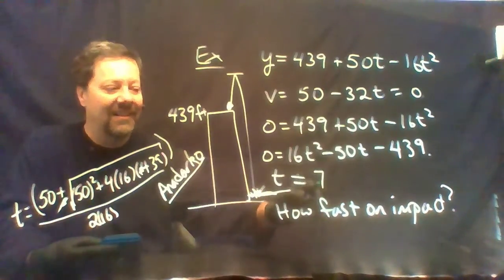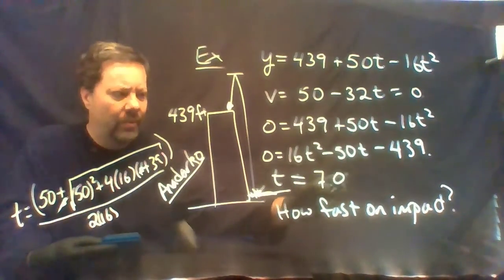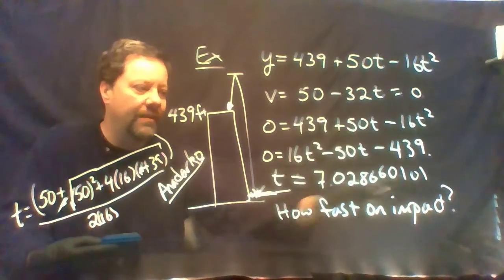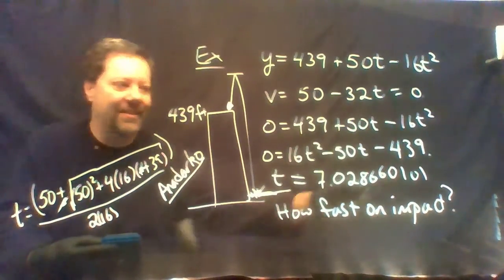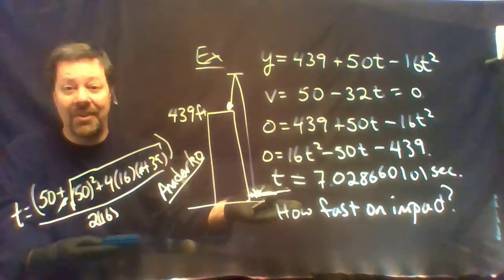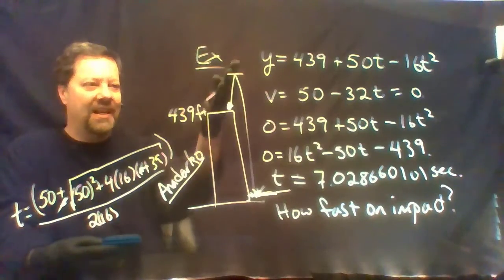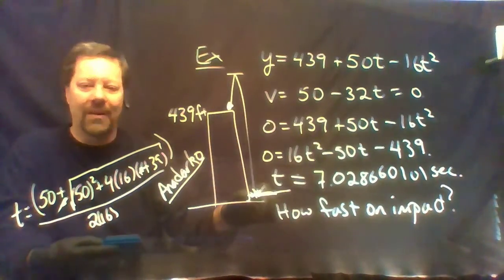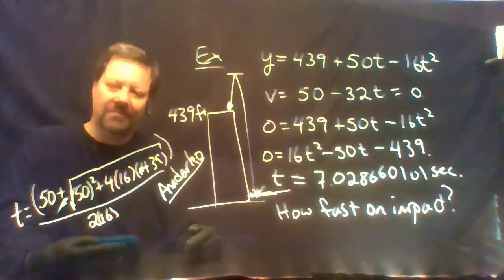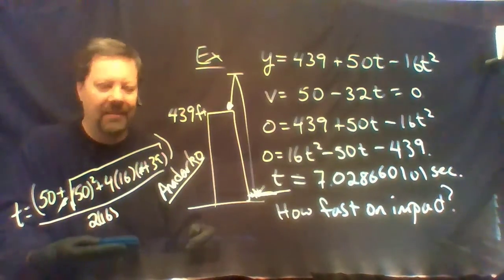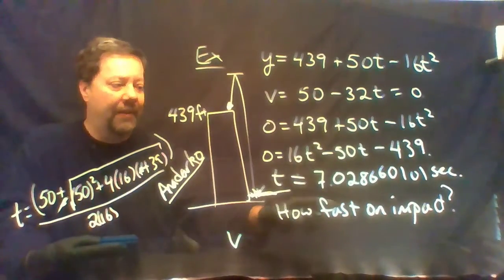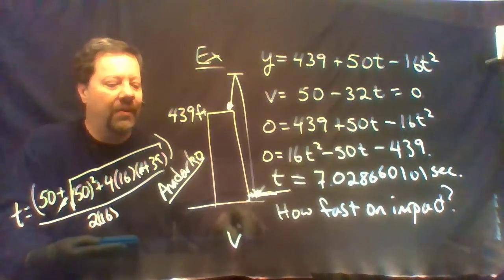I get 7.0286600101. Okay, well, let's just say 7 seconds. Do you get that? From the time the ball is released until it hits the water, 7 seconds will elapse. So, to answer the original question, how fast is the object going on impact?